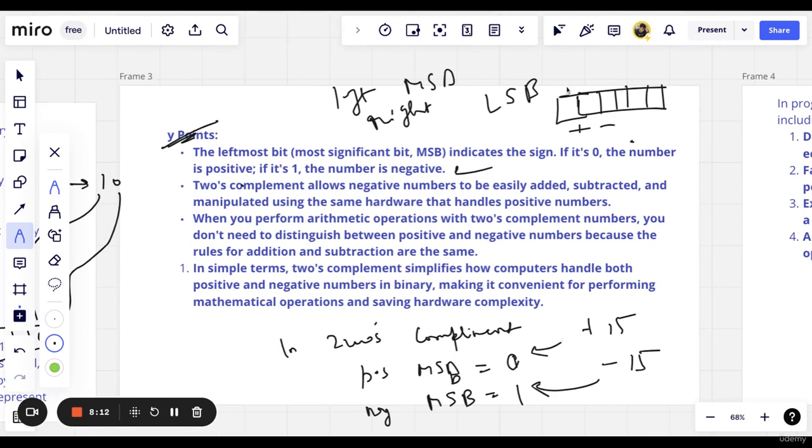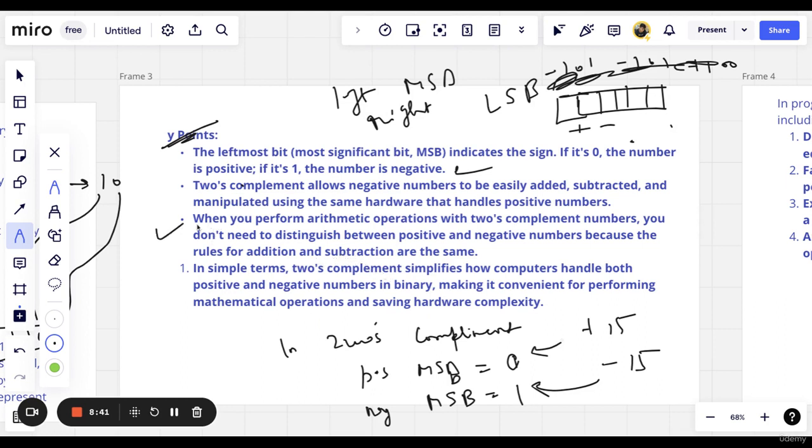So two's complement helps us do conversions using the same bits. There is no such thing as a sign symbol in bits, like minus 101 or 101. You will have to represent negative numbers using bits only, without a sign. So two's complement comes to the rescue.